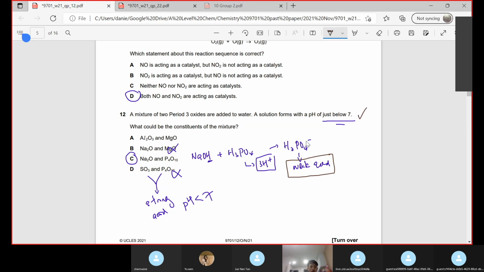Comparing to D, both are strong acids after dissolving in water. The pH value will be very close to 1 or 2. Then for C, maybe the pH is around 4 or 5 for the weak acid. So C is a better, more accurate answer.